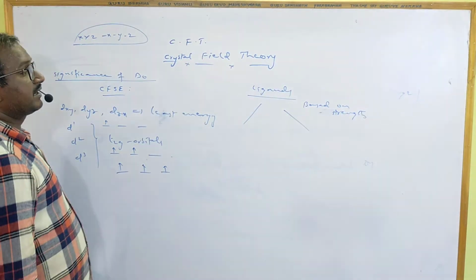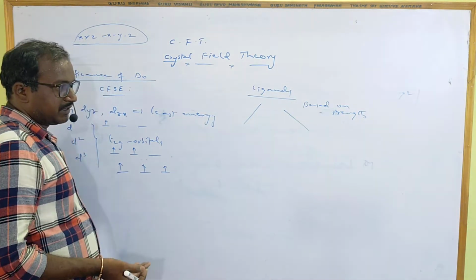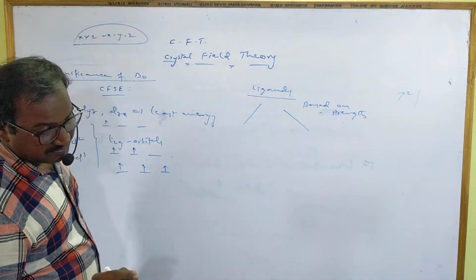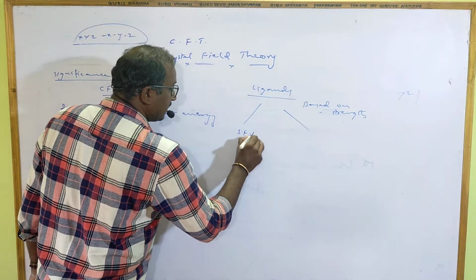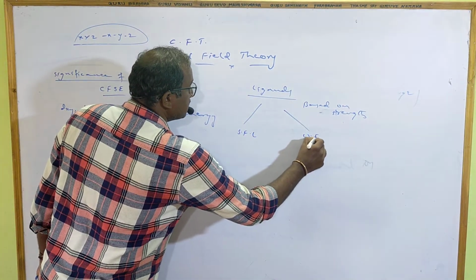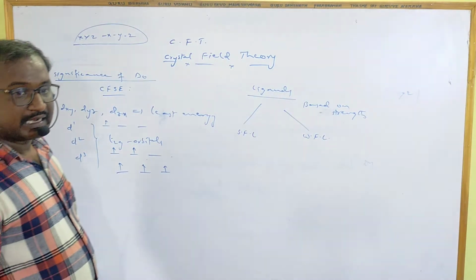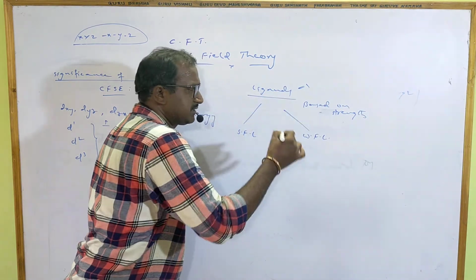The strength of ligands was already covered in previous videos. You can check that, or most of the students know what is a strong ligand and what is a weak ligand. Once again I am saying, the ligands are 2 types: one is strong field ligands, another one is weak field ligands. If you don't know, just see here.